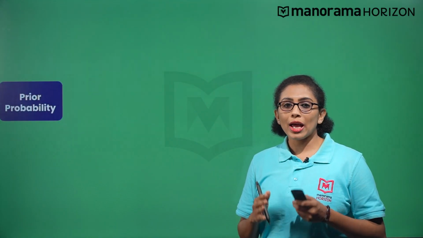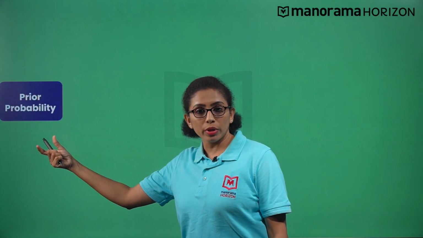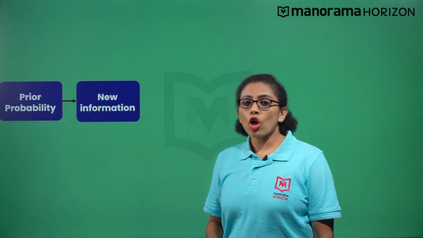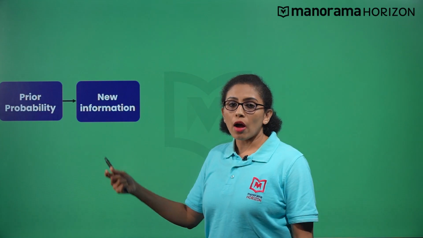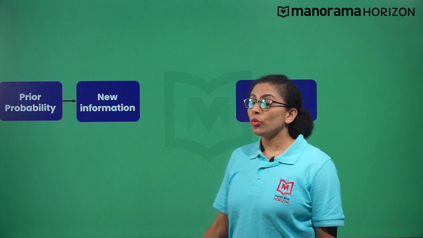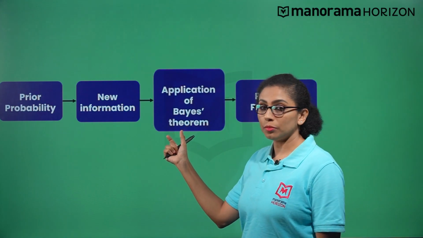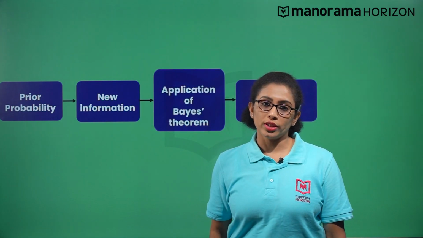Now, suppose we have estimated the prior probabilities for the events we are concerned with and then obtain new information. Our aim is to find the posterior probability. Here, Bayes' theorem gives us a way to do this.